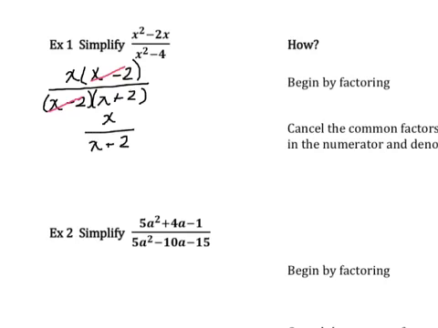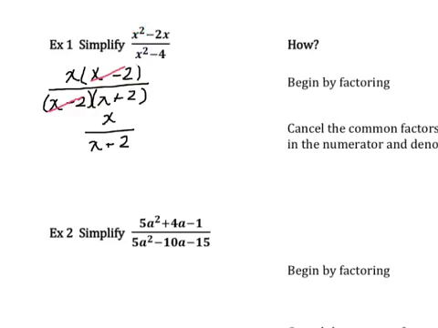Now before we get too far into this, I'm going to comment on what students are tempted to do. Students a lot of times see the x squared and x squared on top of each other like that and decide to cancel those. Well, you can't do that because you can't cancel terms. You can only cancel factors.